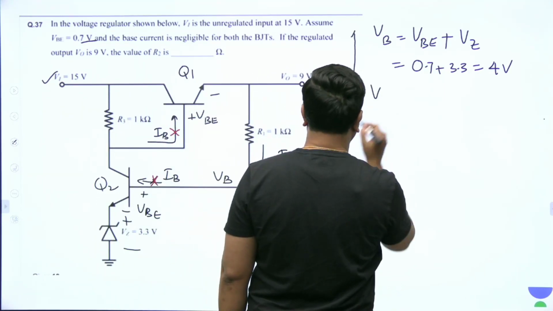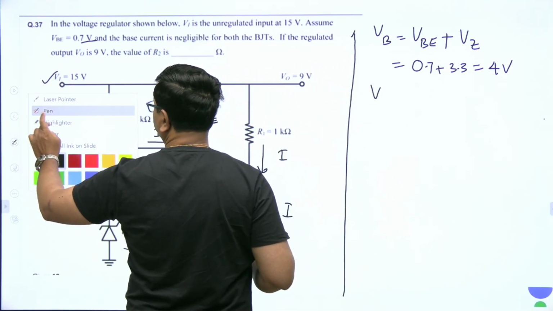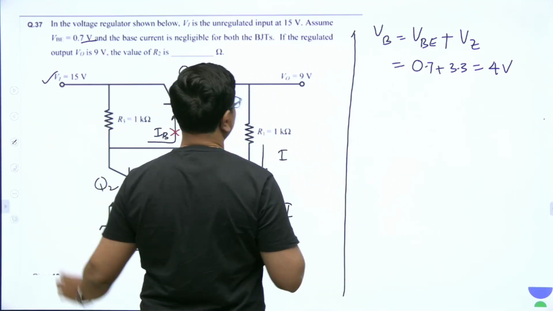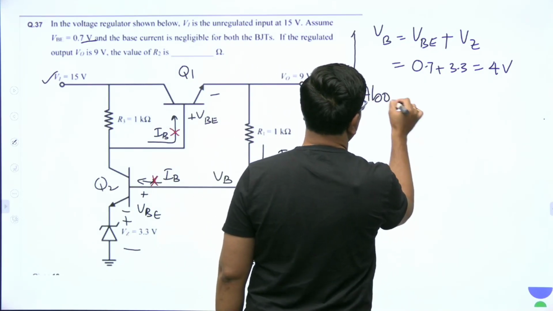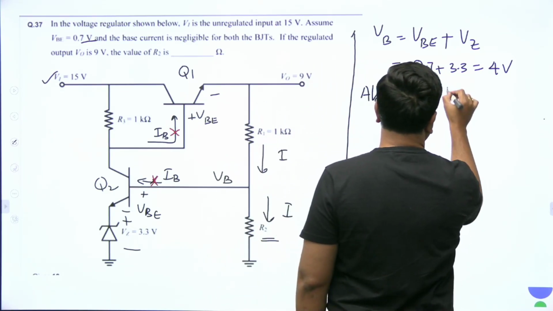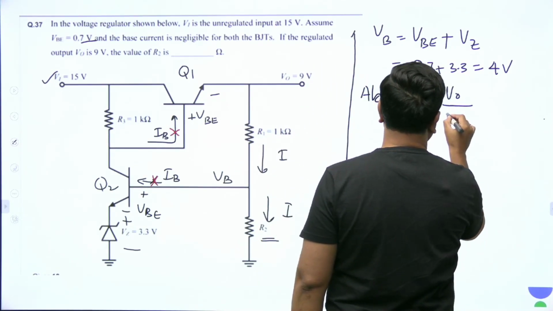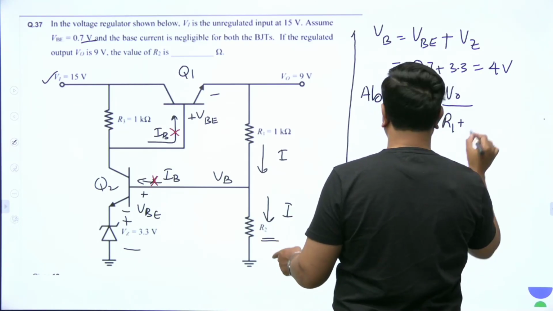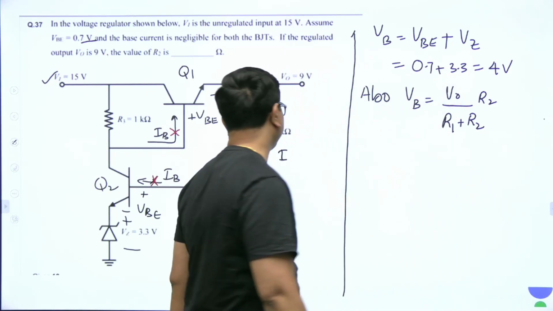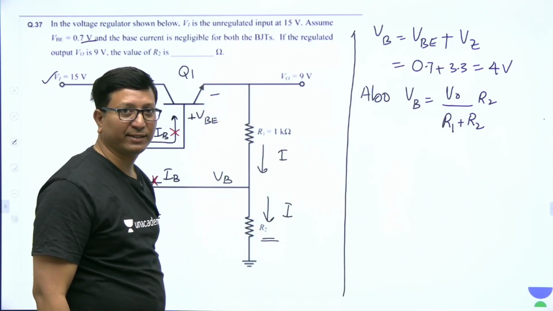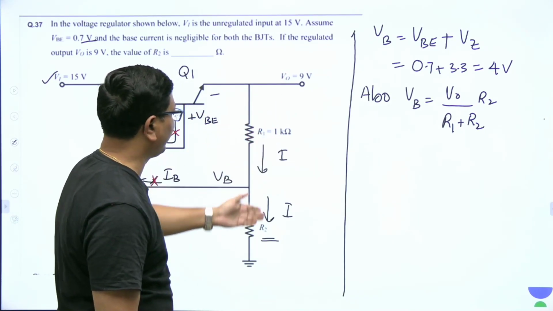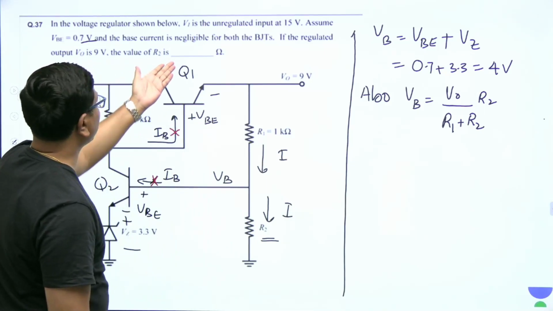So also VB is equal to V output by R1 plus R2 multiplied with R2. I can write it, voltage division rule. Then in which VB is known, V output is known, R1 is known, unknown is R2. So find the value of R2.